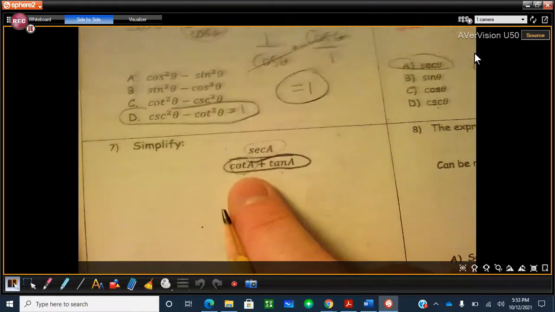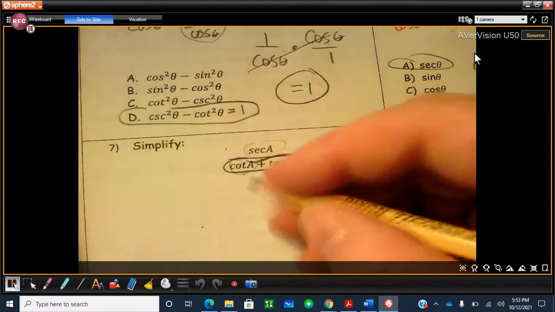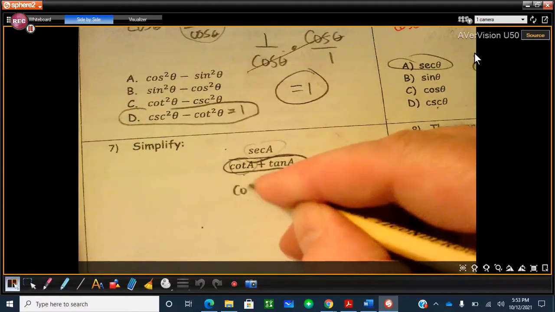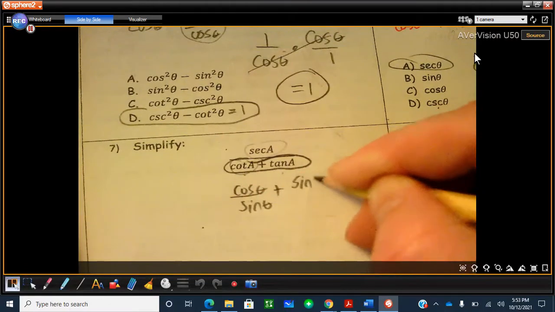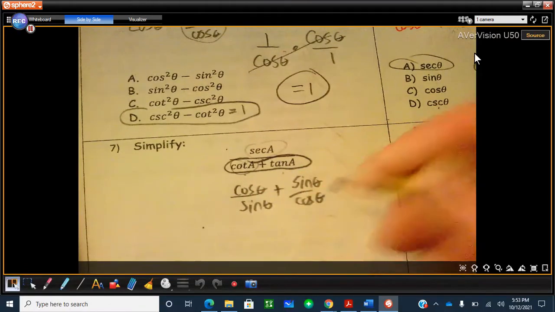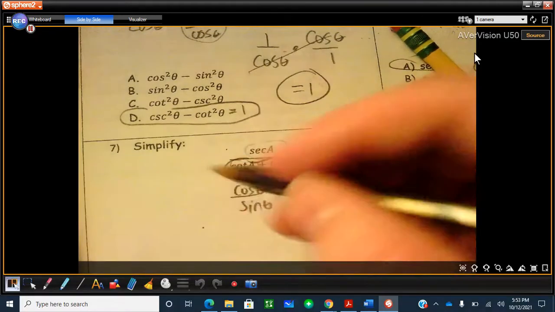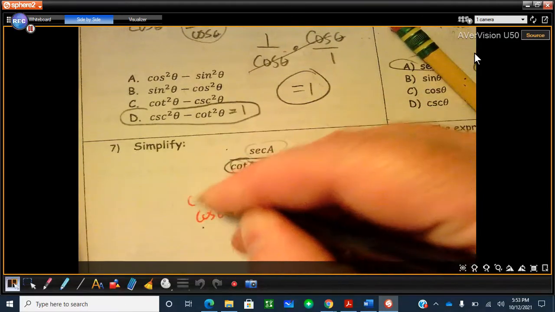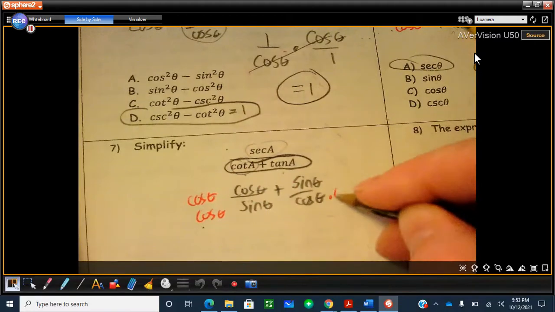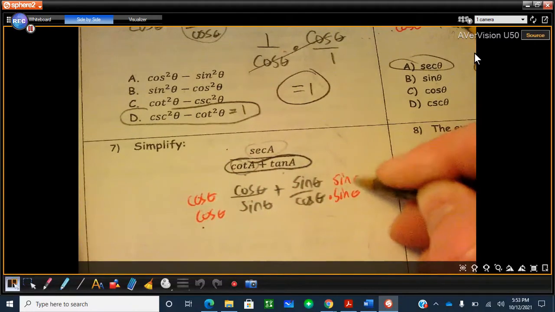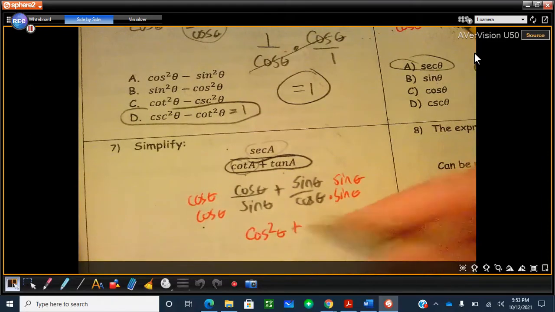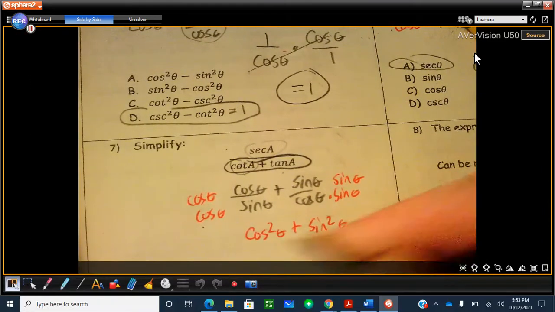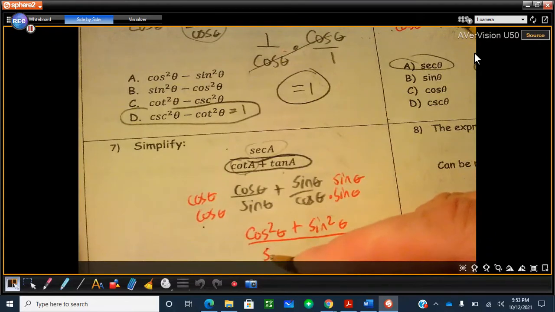The way they're written, we can't really add them. So we're going to rewrite this as cosine theta over sine theta plus sine theta over cosine theta. We can't add them like that; we have to have the same denominator. So I'm going to multiply this side by cosine theta and this side by sine theta. And I end up with cosine squared theta plus sine squared theta all over sine theta cosine theta.